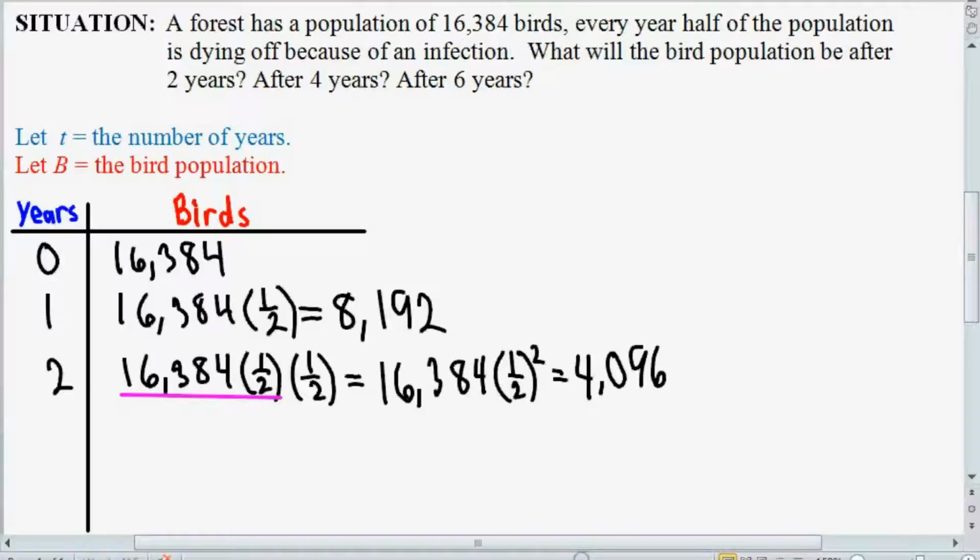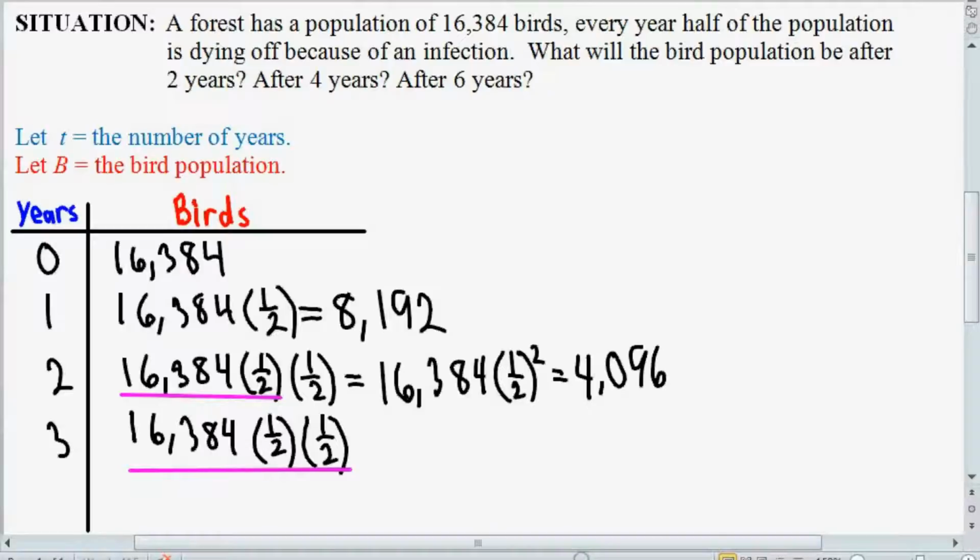As we progress to year 3, we will begin to notice that this same bird population of 16,384 is really being multiplied by 1/2 continuously. So, as in the previous year, 16,384 times 1/2 times 1/2 is really the bird population of 4,096.